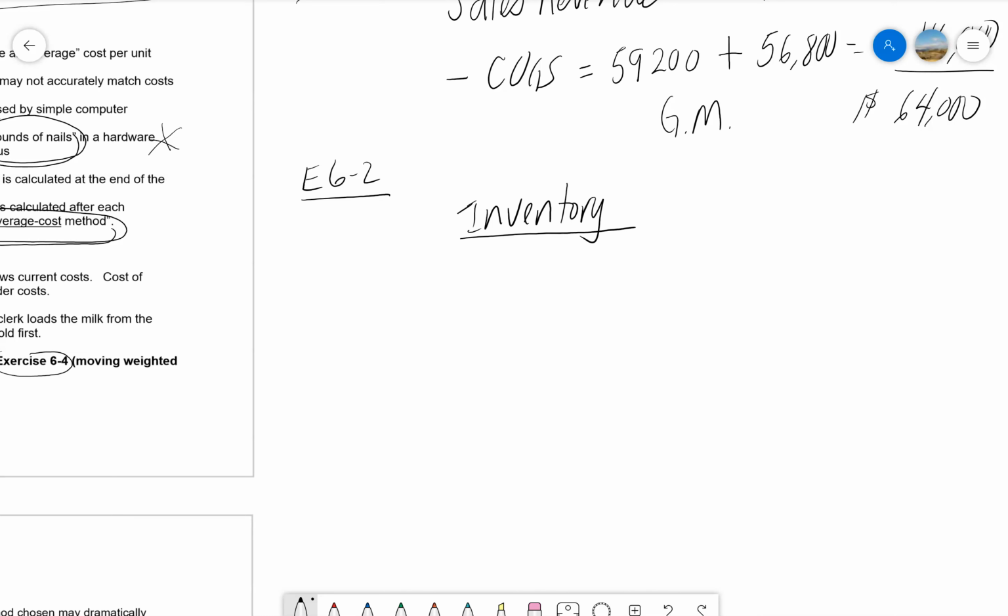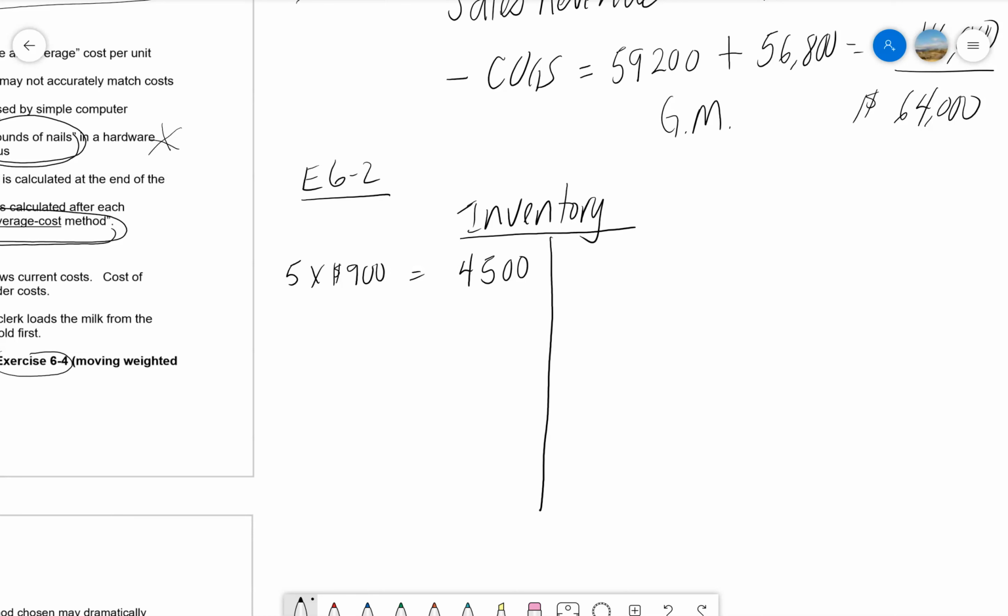And remember, inventory is an asset, so the debit side represents the increase, the credit side represents the decrease. Now we know that at the beginning of May, we have 5 units of inventory at $900 per unit. So the total value of the inventory at the beginning of the month is $4,500. And then on May the 6th, we're going to sell 3 units. Now, because we're using FIFO, first in, first out, whatever we have first on hand is what we sell first.